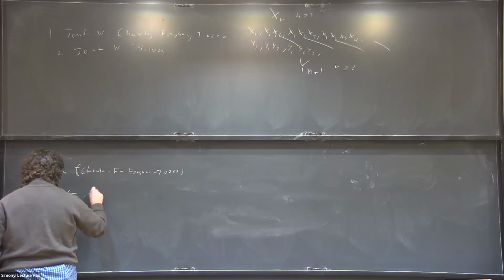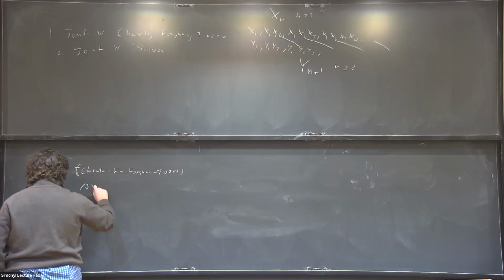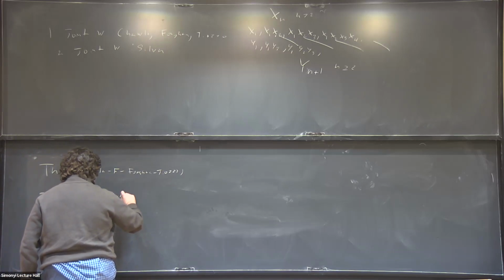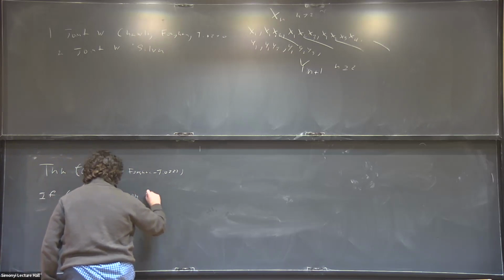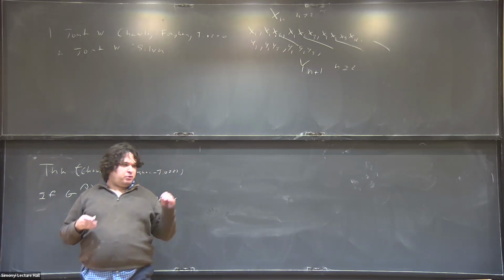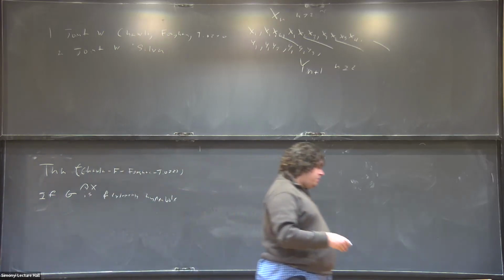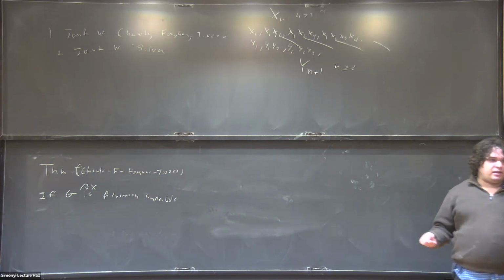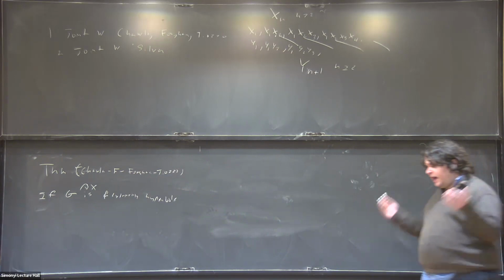If G acting on X is acylindrically hyperbolic, I won't go into what this means. The example I will say is this is satisfied by a huge class of groups. For example, it's satisfied by mapping class groups. If you take the right action, it's satisfied by Out(F_n).